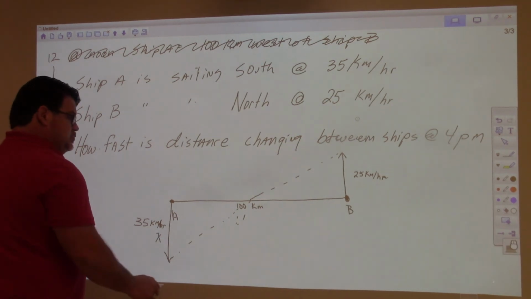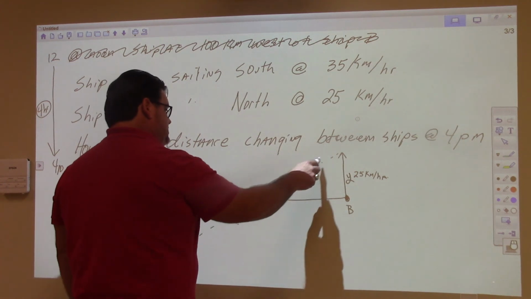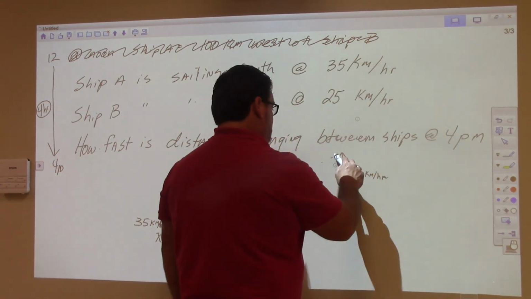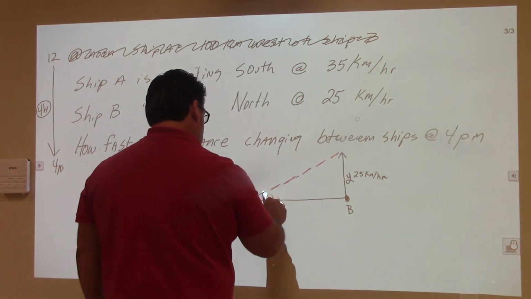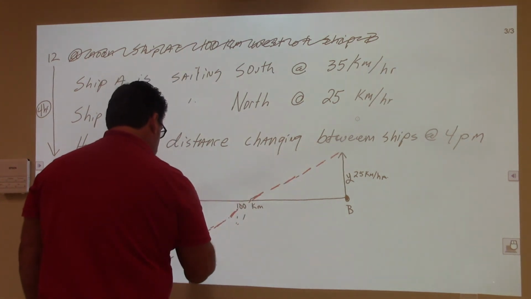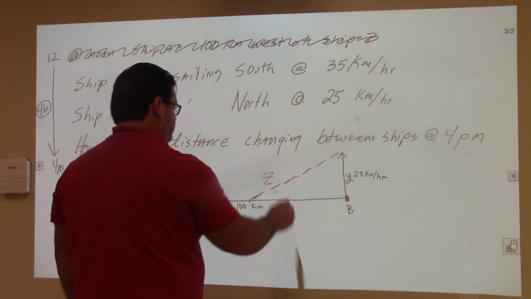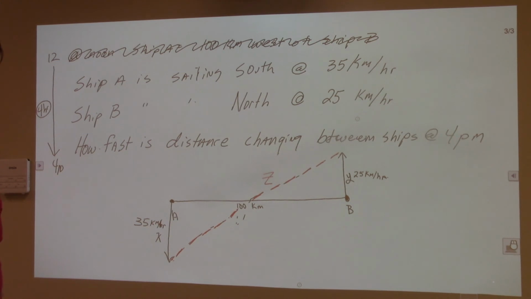So X, Y, and this distance right here, I'm going to color it red, which you probably won't do right, is Z. So X plus Y, quantity squared, plus 100 squared is equal to Z squared, something like that.